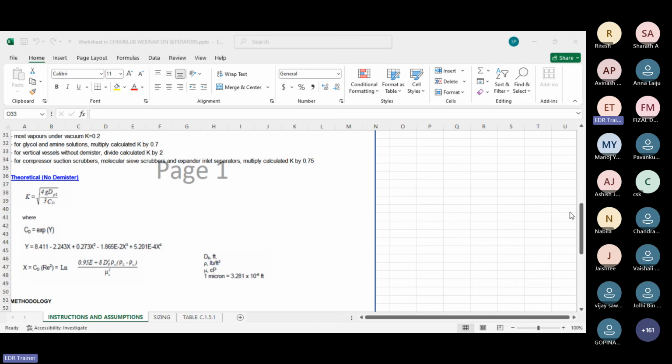Nothing more conceptual. If you are fundamentally good in the separator, you can choose the right values and the right Excel sheet or software, so definitely your answer will match. Okay, so everything is maths here, if I can typically say that.